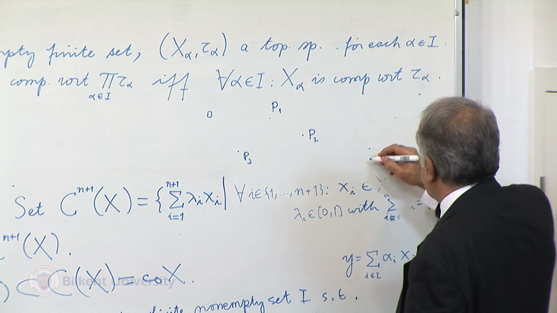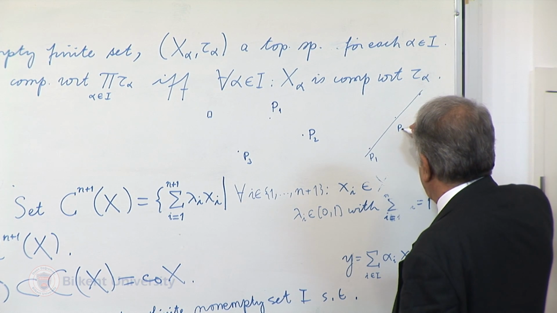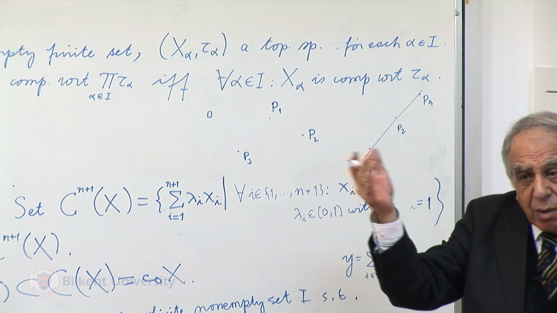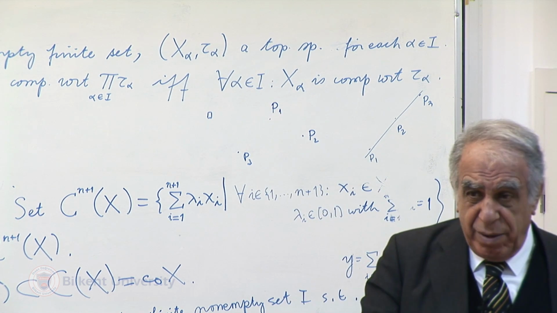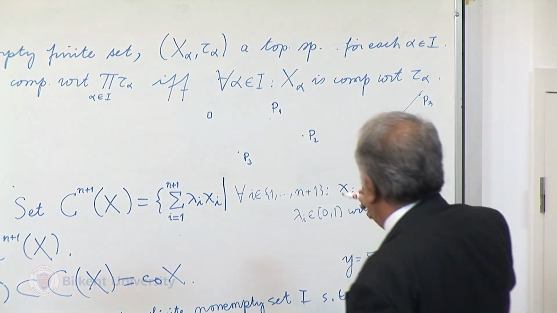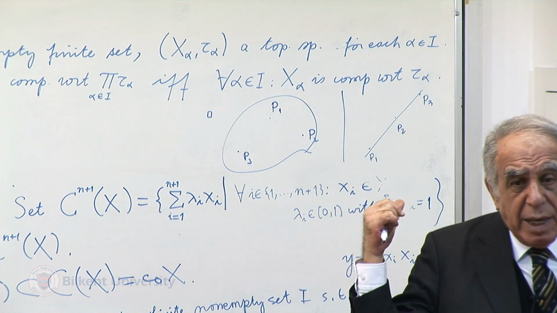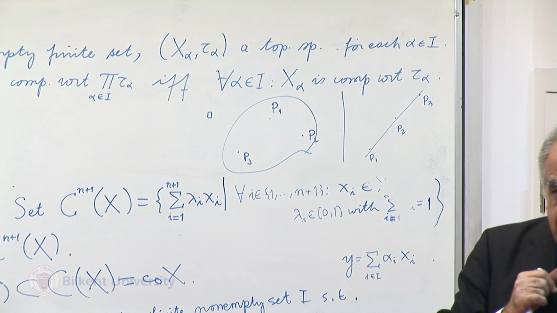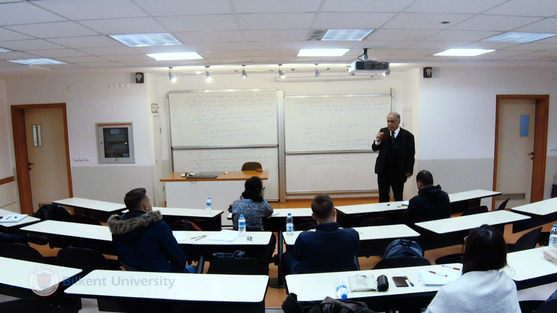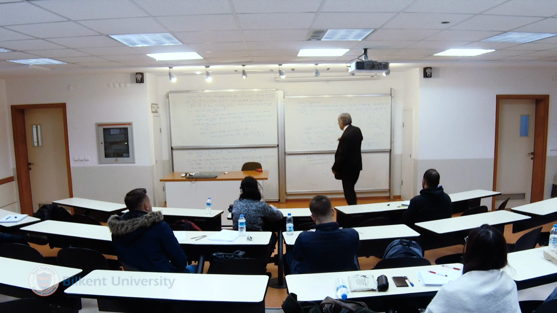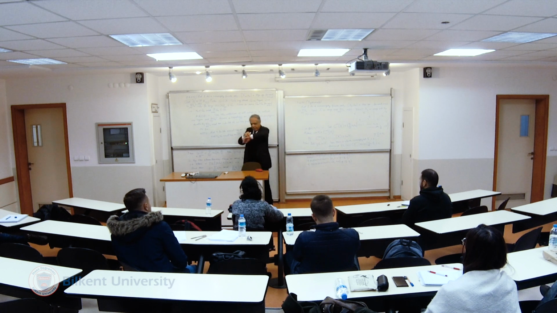But in this situation they are collinear, while here they are non-collinear. There is no line on which they are all located. Now we will distinguish between these, and we will characterize this as these 3 points being affinely independent. Then, using this notion of affine independence, we will define simplices, what a simplex is, and the properties of simplices.